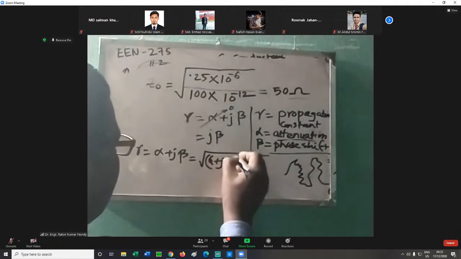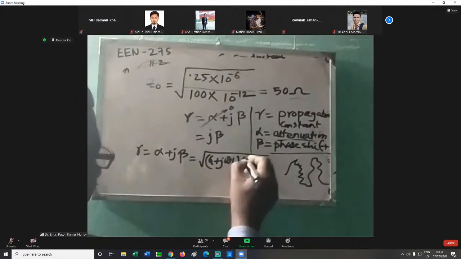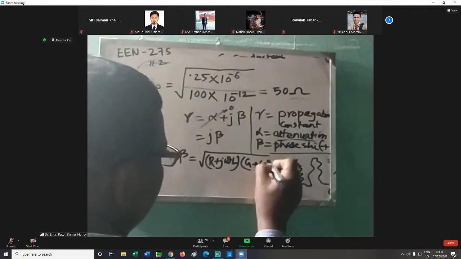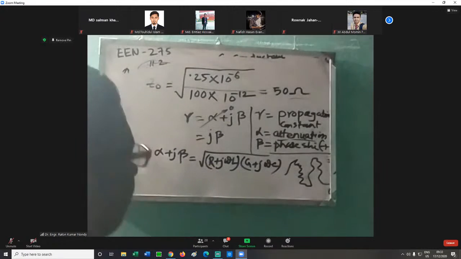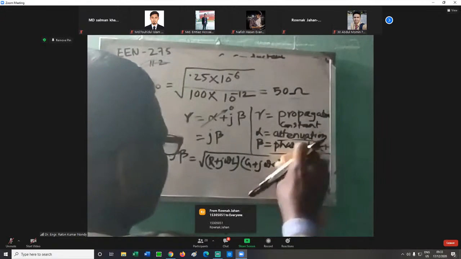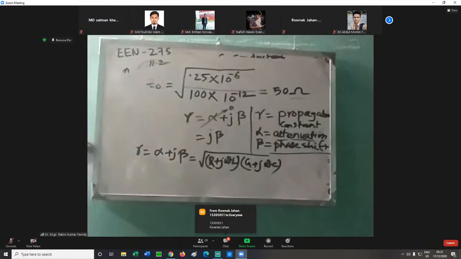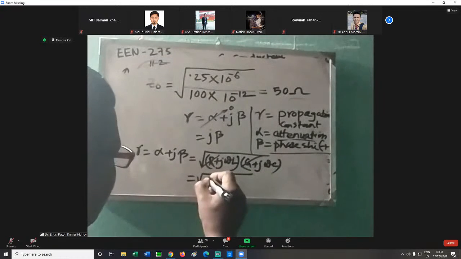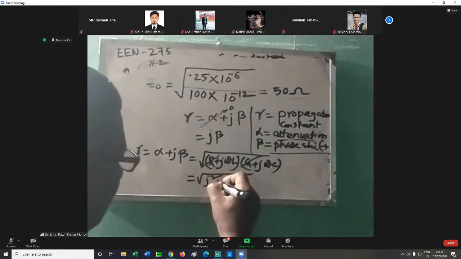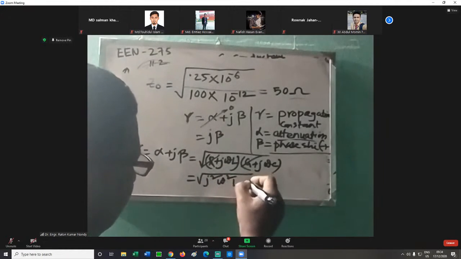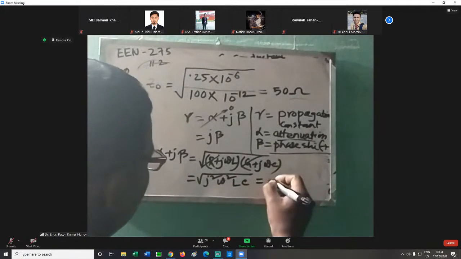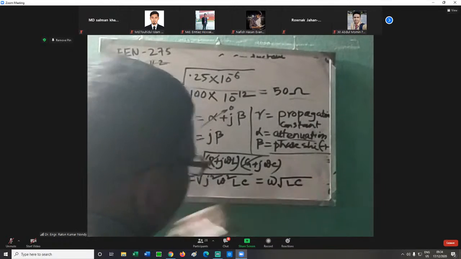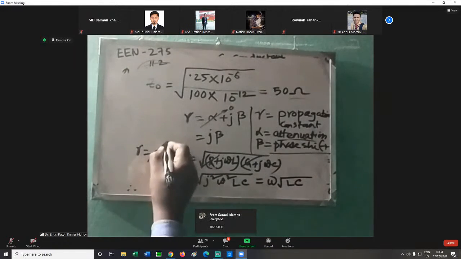Gamma equals the square root of (R plus j omega L) times (G plus j omega C). You can write it in that way. What can we write? R is 0, G is 0.